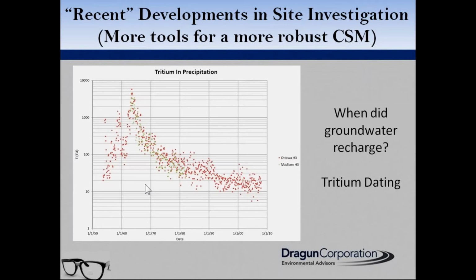This is when the US started testing nuclear weapons in the atmosphere, and there was a progressive increase in tritium concentrations in precipitation, which peaked in 1963 at thousands of tritium units.